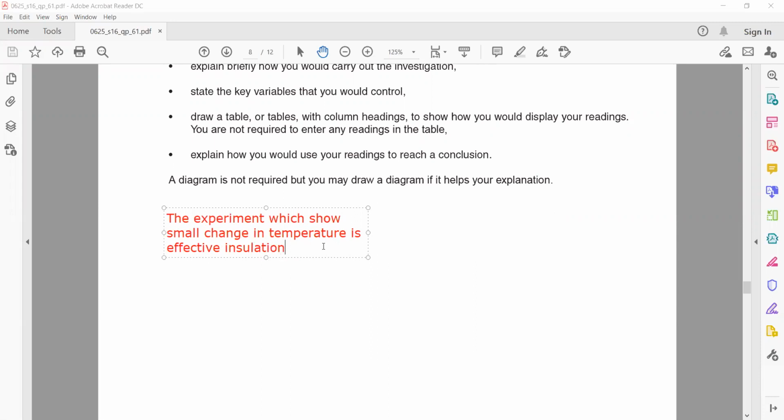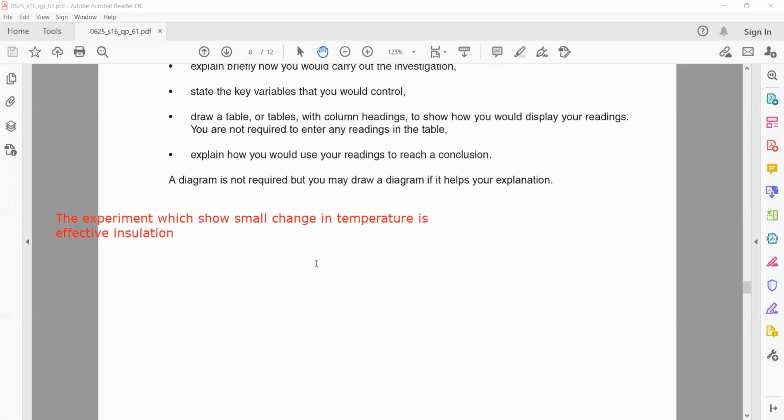Or there's also another way, if you want to show your understanding of the topic, you can also mention plot a graph between the temperature and time. This is a second way of answering this last question.